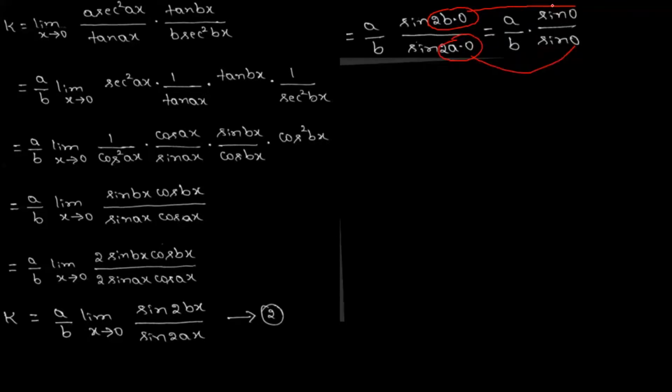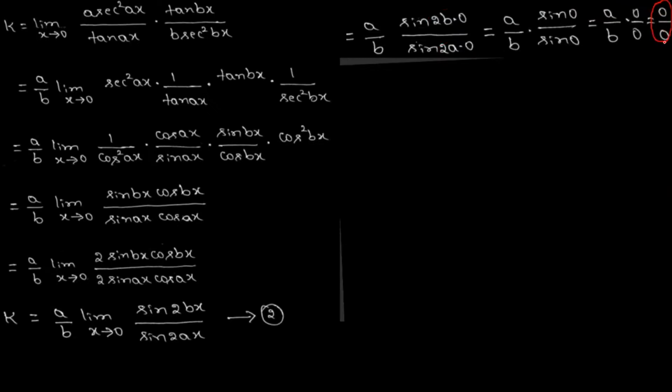And we all know the value of sin 0 is 0. Here also sin 0 is 0. So finally, we will get the answer as 0 by 0, which is an indeterminate form.